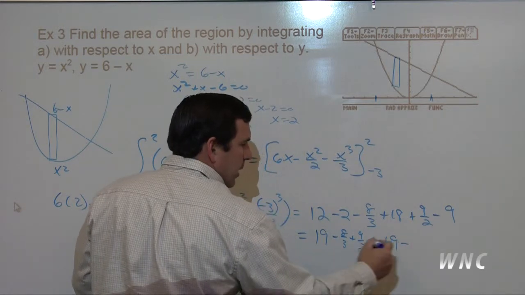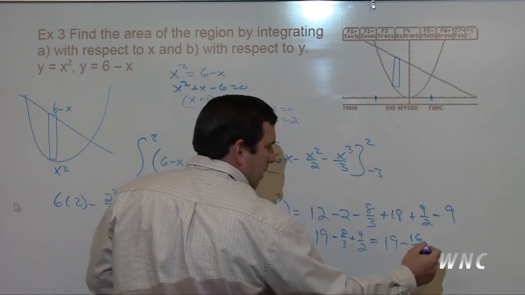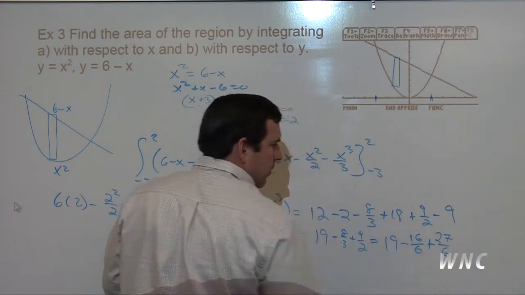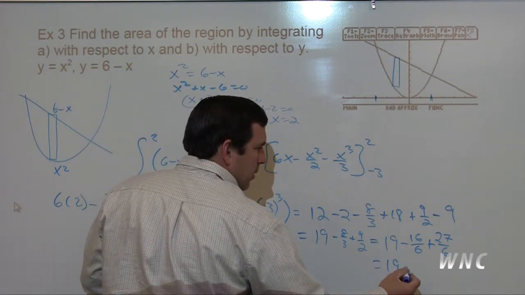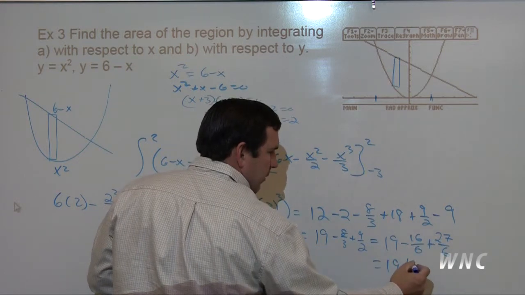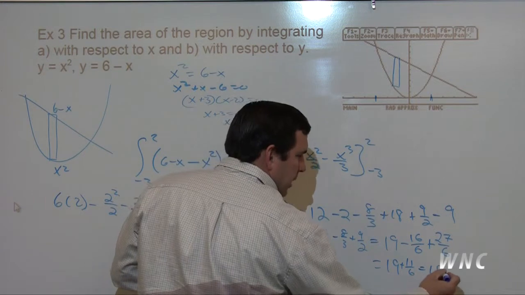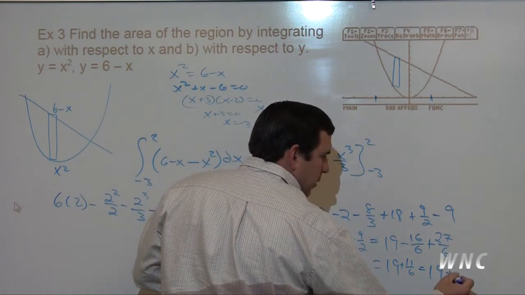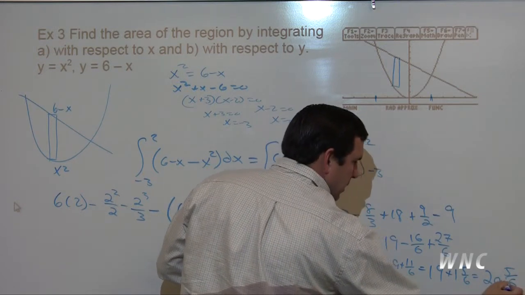That's going to be negative 16/6 plus 27/6. Negative 16 plus 27 is 11/6. That's going to be 19 plus 1 and 5/6, so it looks like it's 20 and 5/6.